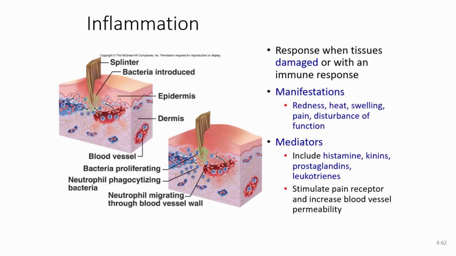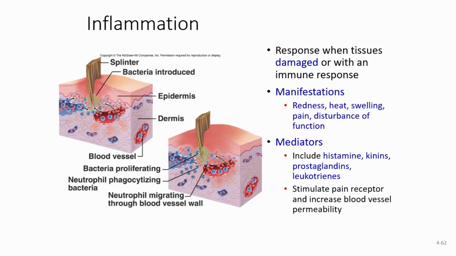Okay, so what makes these manifestations happen? Well, we have these chemical mediators that are released by the cells when the cells are cut, and that includes histamine. Remember, we mentioned histamine earlier. Histamines make you leaky. If you have more blood flow to an area, it also dilates the blood vessels as well.